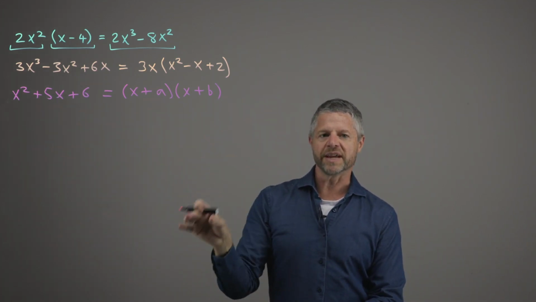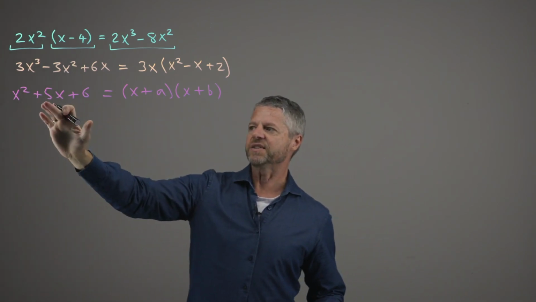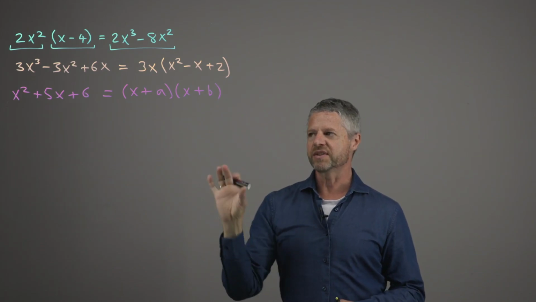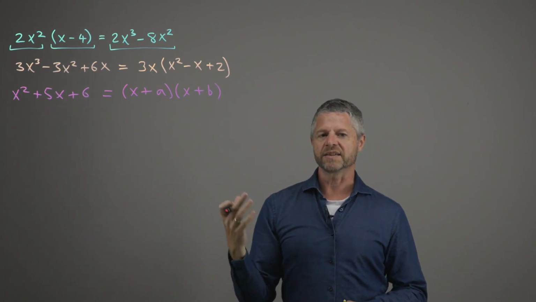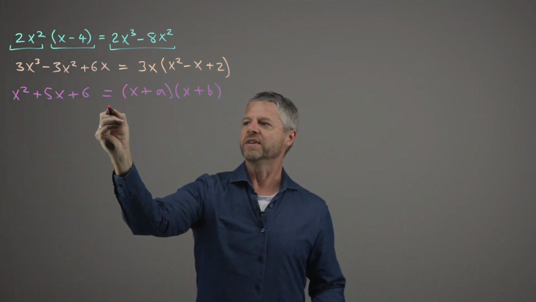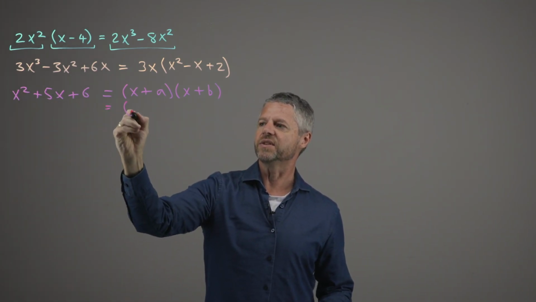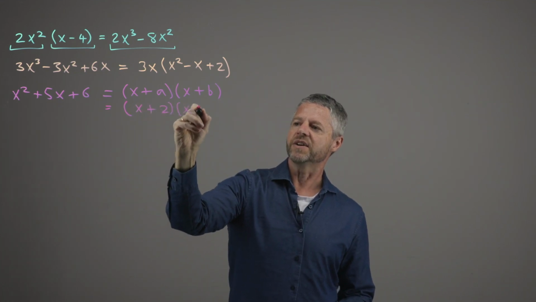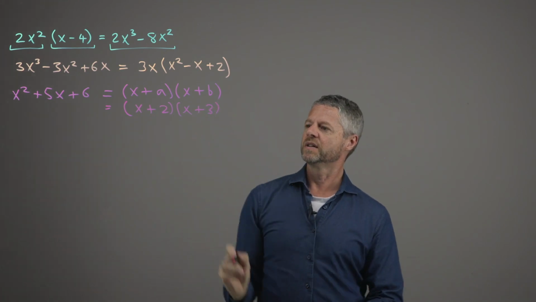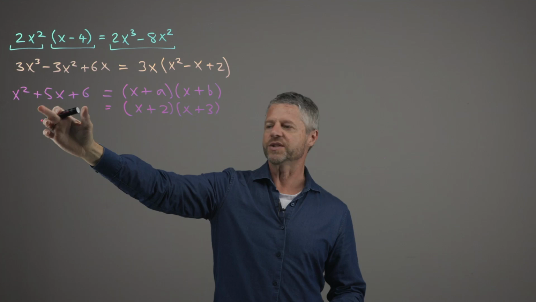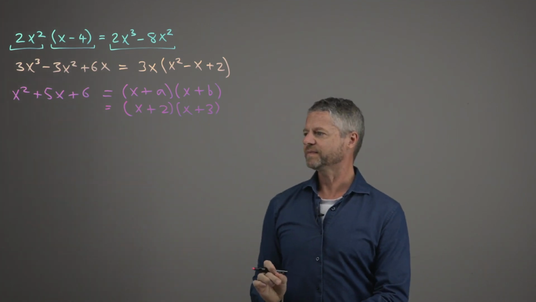So the sum of a plus b is going to have to equal 5. So I need to think of two numbers that multiply together to get 6 and add to get 5. It's fairly easy to see that two numbers that work there are 2 and 3. And if we multiply this out, we're going to get this quadratic polynomial.